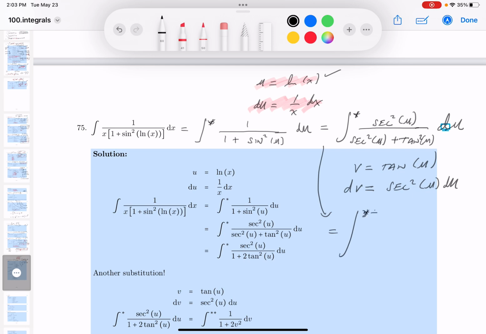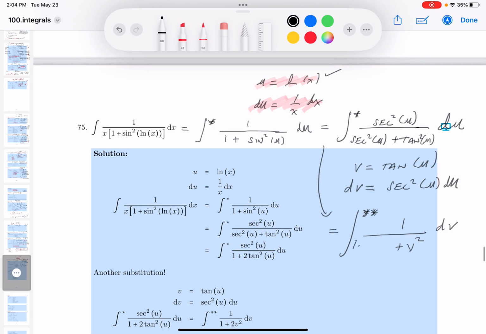It's my second substitution. You get 1 dv. On bottom, you would get v squared here. And then the secant squared, that's really 1 plus the tangent squared, right? So it's going to be 1 plus v squared.